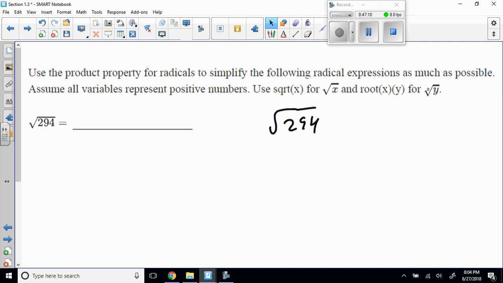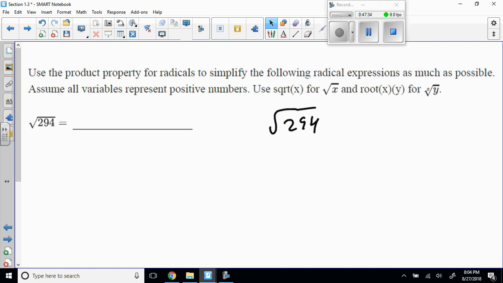What's 4 times 4 and 5 times 5? 4 times 4 is 16. 5 times 5 is 25. So I know 25 won't go in there because it didn't end with a 0 or 5, right? 36. 49. Will 49 go? How many times will 49 go?